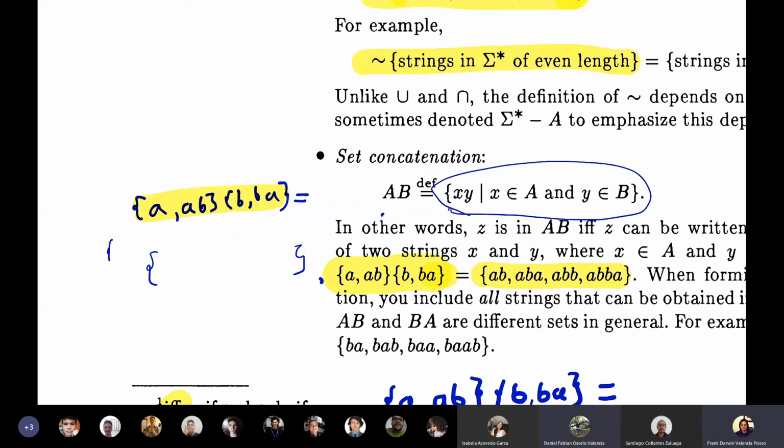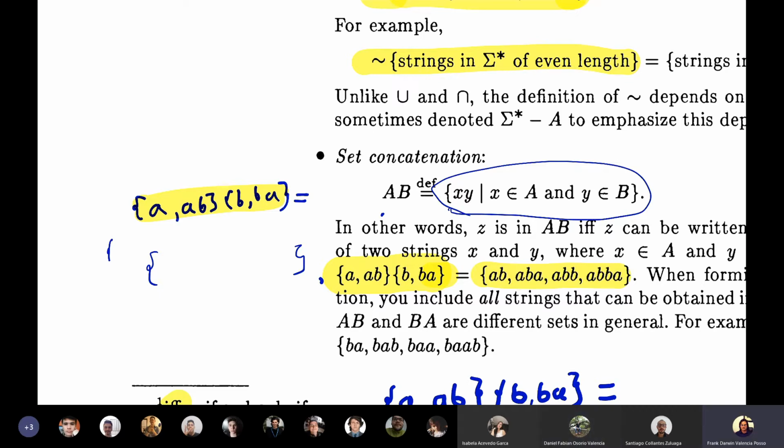Teacher, I have a question. Concatenating sets is like making the Cartesian product of two sets, but instead of making pairs, you are concatenating strings. This is a tricky question, and this is coming next. A good question. It's going to be a homework.